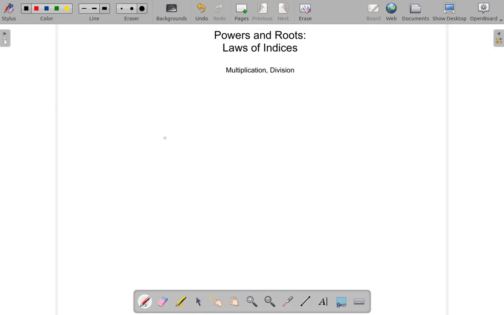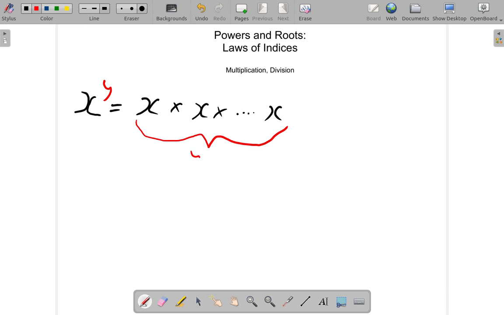For example, let's use letters. It represents any numbers. X to the power of y. What it means is you have x keep multiplying itself, and there are y x's.